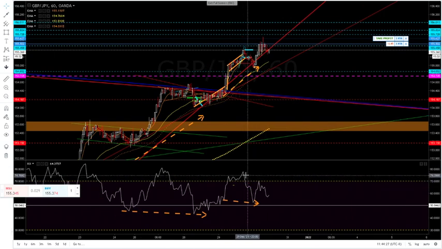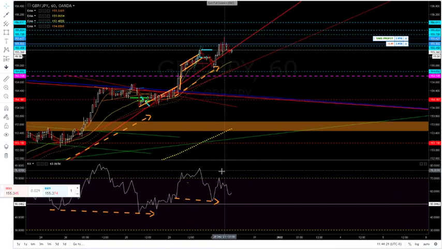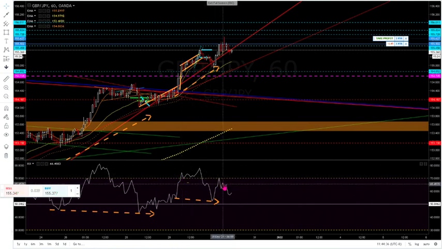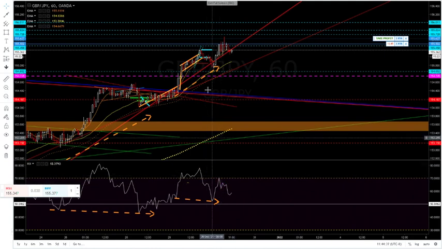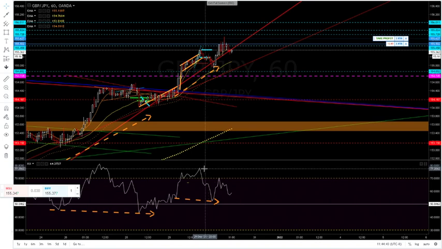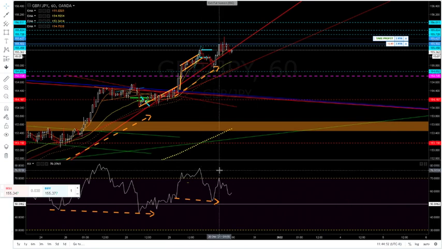All right, so let's see what we got here. We got some conflicting signal right here. So we have a lower low, a lower high. The price is higher. So this is regular bearish divergence.